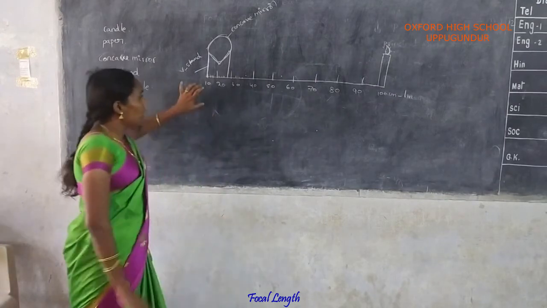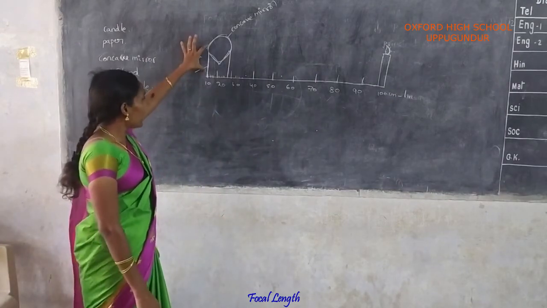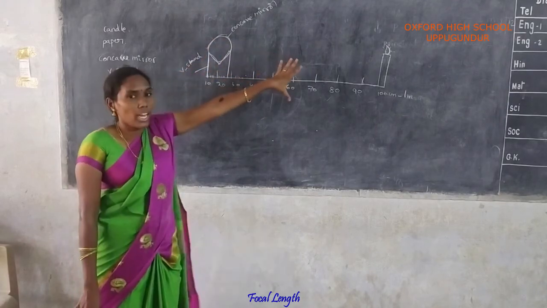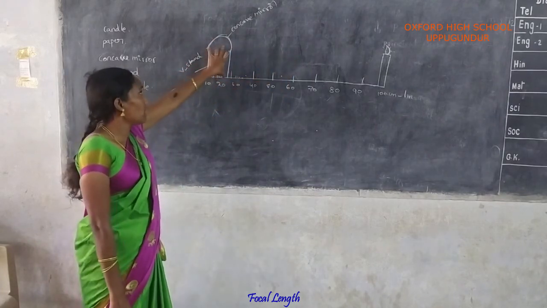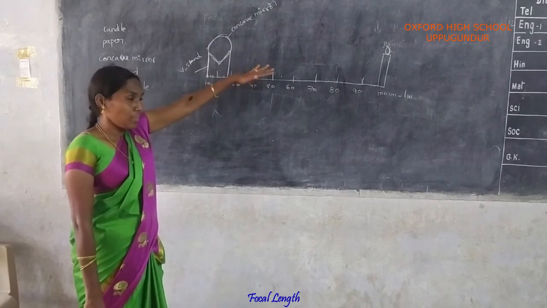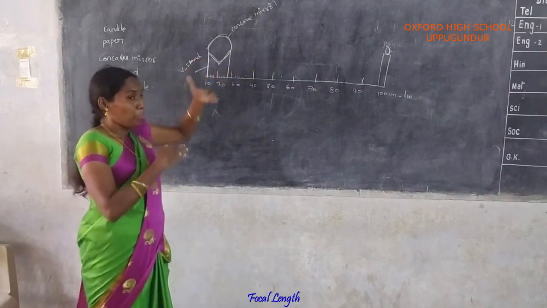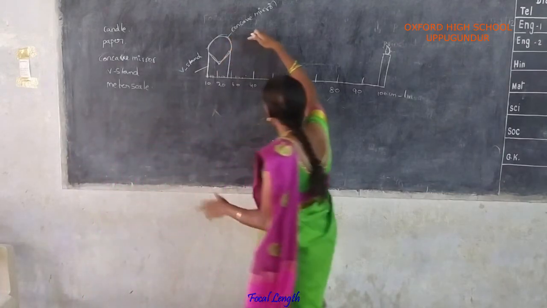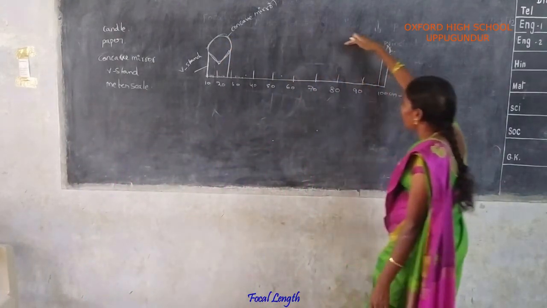One more thing: the height of the V stand with the concave mirror and the height of the candle are kept parallel, maintaining a constant height.